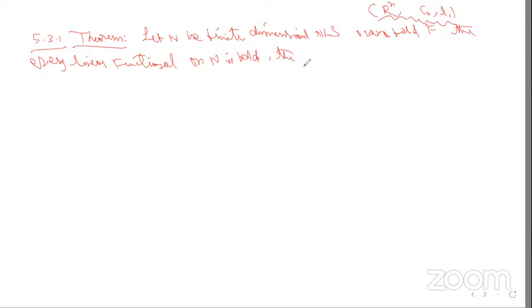So, bounded, the dual space N star is finite dimensional, and N and N star have the same dimension.